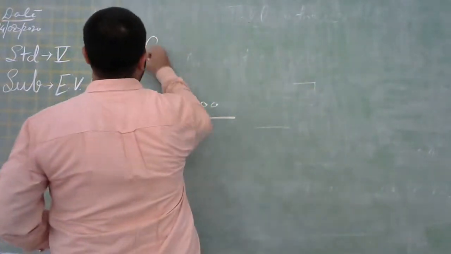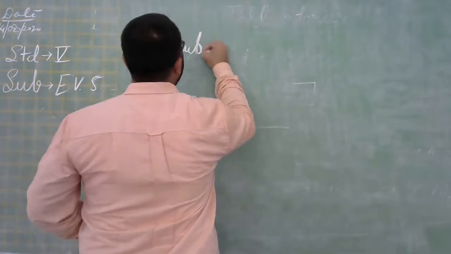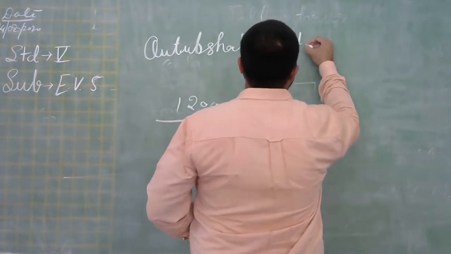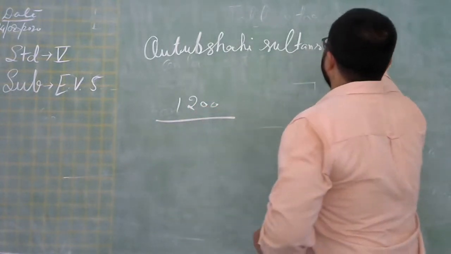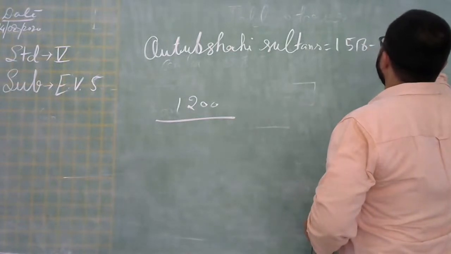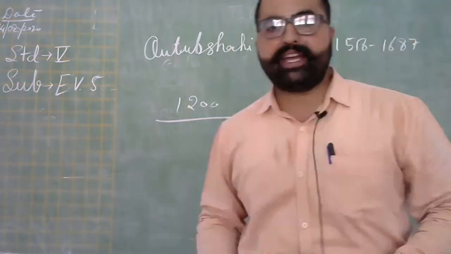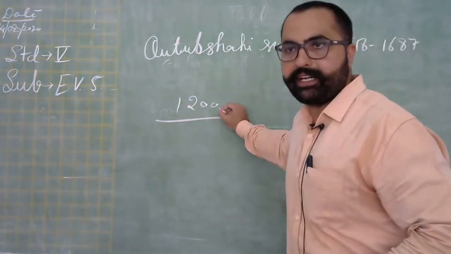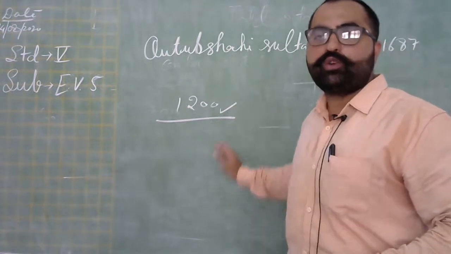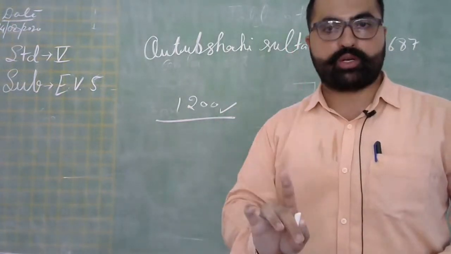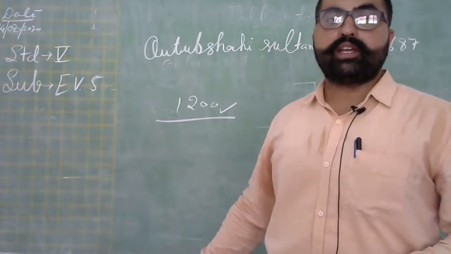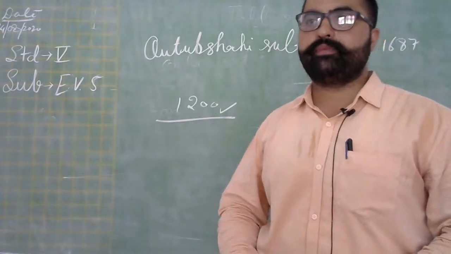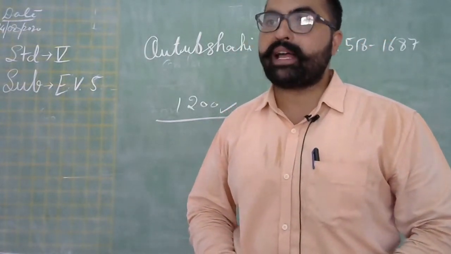Who ruled there? Qutub Shahi Sultans, 1518 to 1687. But when it was first built in 1200, it was made of mud and stone. Now the fort is much stronger than when it was built. Not 12 years beta, 1200 years.